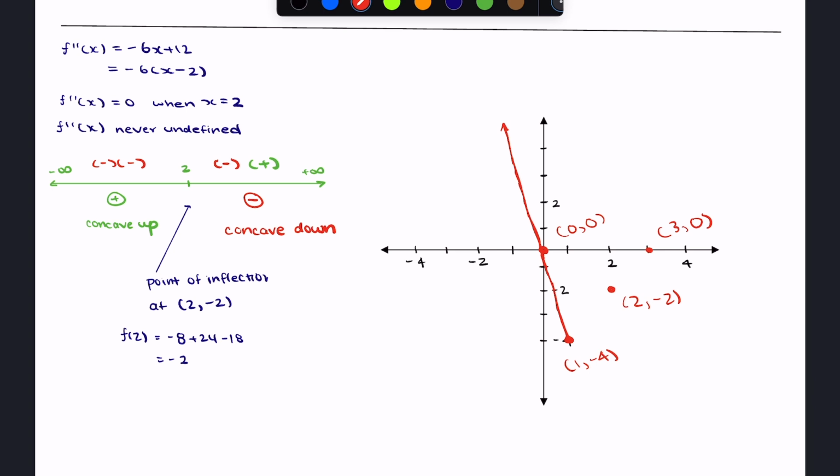And from 1 to 3, it is increasing. And there's a point of inflection at 2 and -2. And then from 3 onwards to positive infinity, it is decreasing.